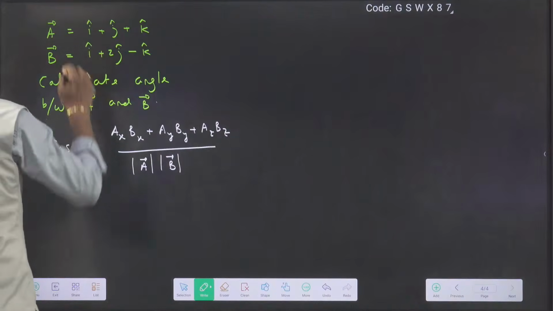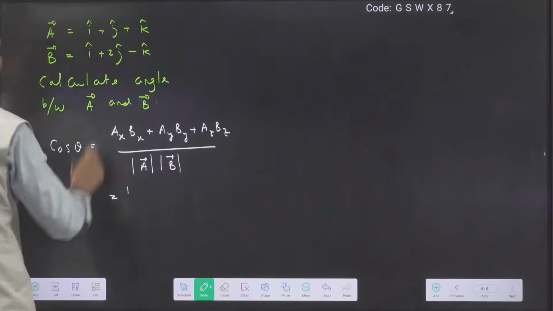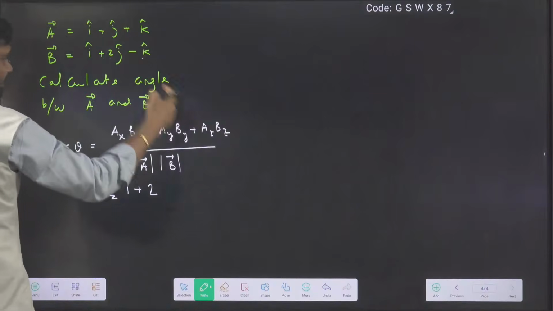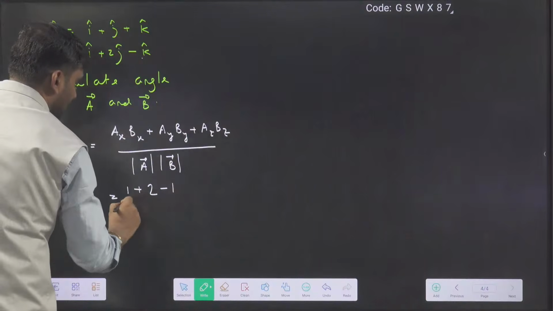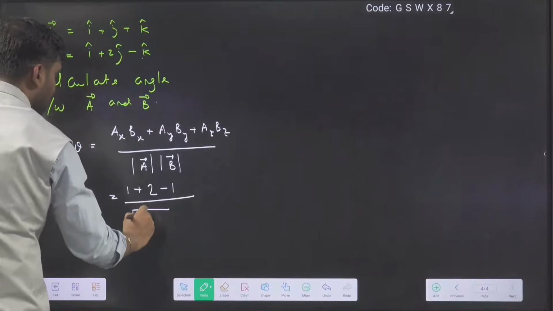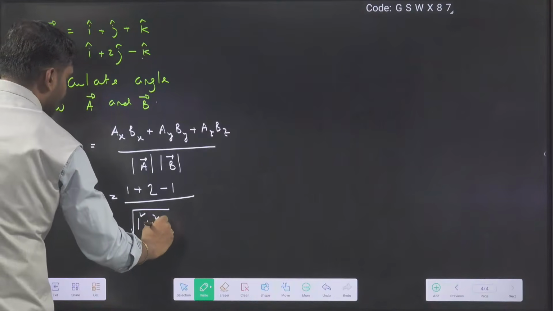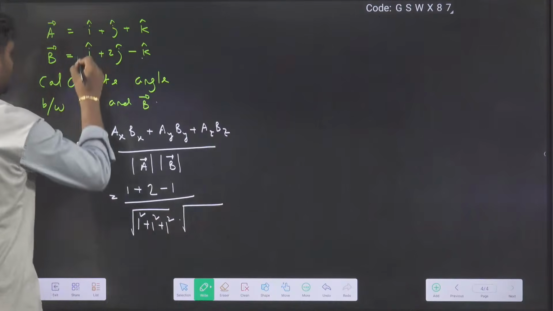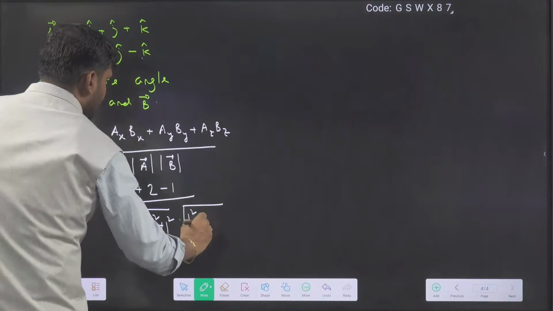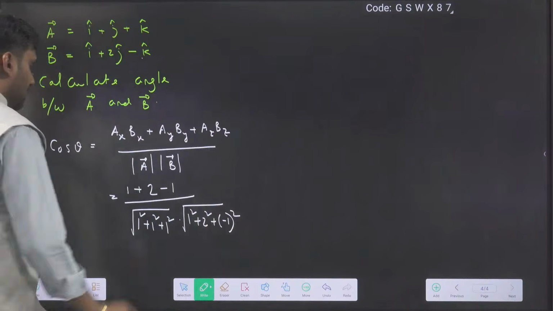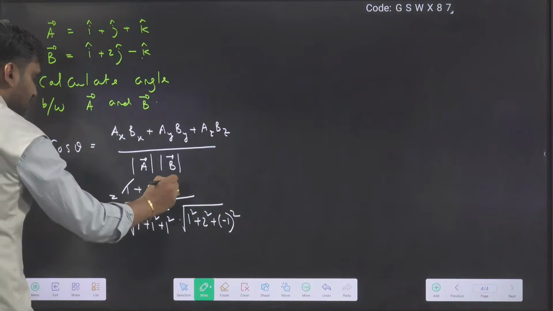I with I, so ax bx is coming 1, j with j, this is coming plus 2, k with k, this is coming as minus 1, by under root of 1 square plus 1 square plus 1 square, times the magnitude of b vector, which is 1 square plus 2 square plus minus 1 square. So the plus 1 and minus 1 get cancelled.